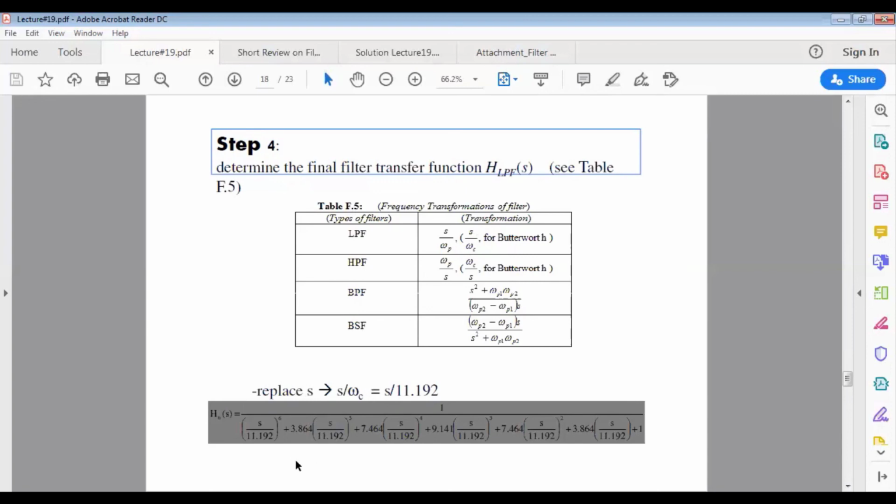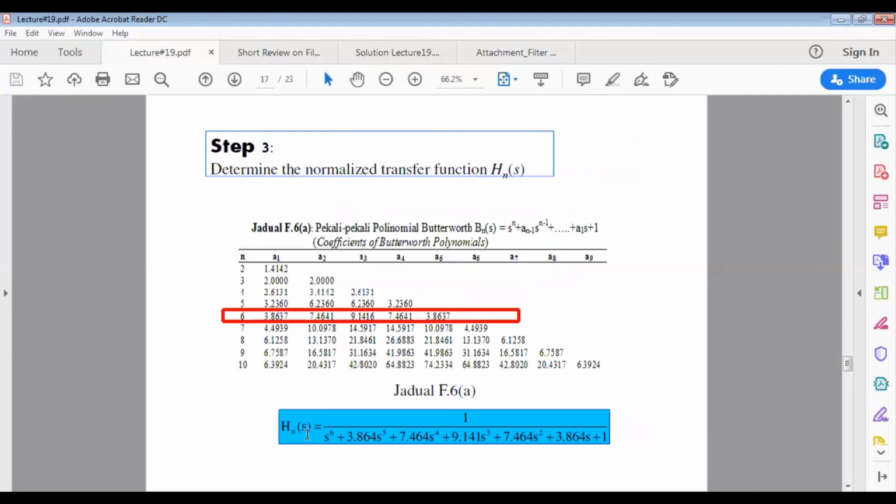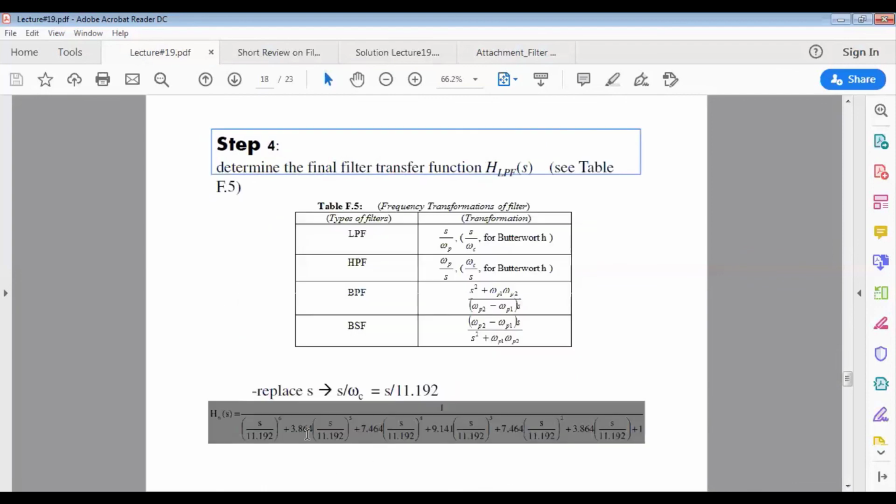So all the s terms from the normalized transfer function in step 3 shall now be substituted with s over omega C as stated here. That will be your actual transfer function from the given specification of your low pass Butterworth filter.